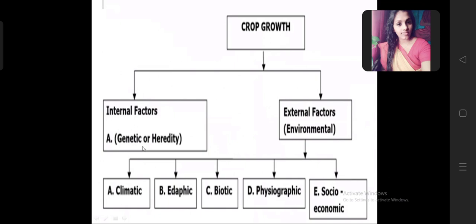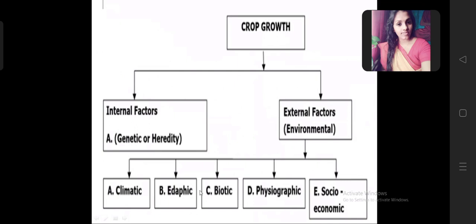In internal factors we discussed disease resistance, pest resistance, salinity resistance, drought tolerance, high yielding variety, and early maturing variety. The other one is the external, or environmental, factors, and here we considered climatic, edaphic, biotic, physiographic, and socio-economic factors. It is just a brief.